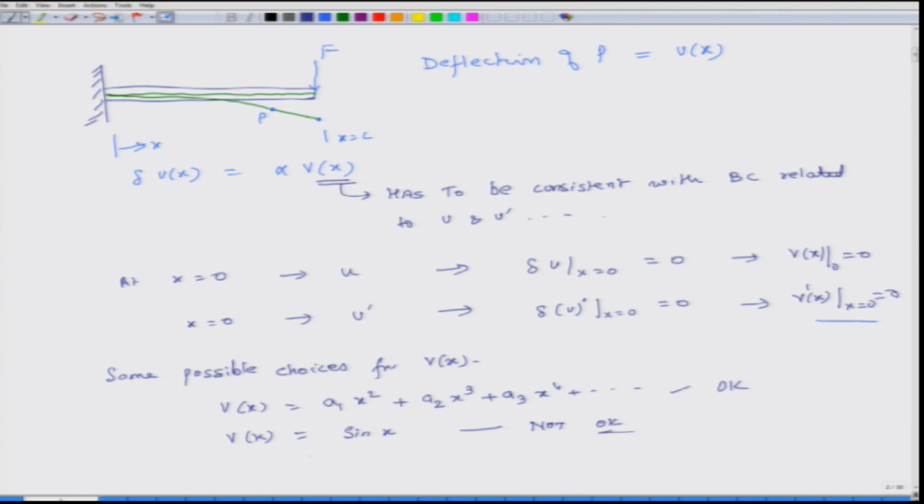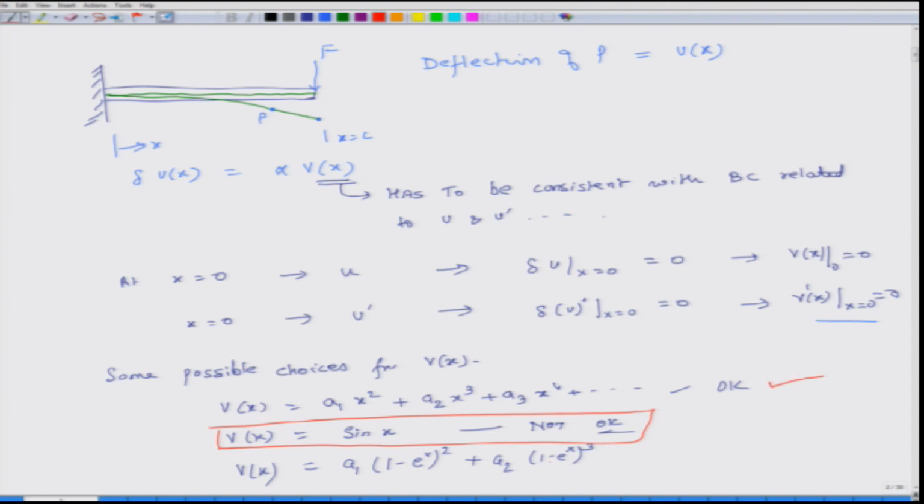One more function: a1 times (1 minus e to the power of x square) plus a2 times (1 minus e to the power of x cube). This is the third function. The sine was not okay, the polynomial was okay. What about this third function?